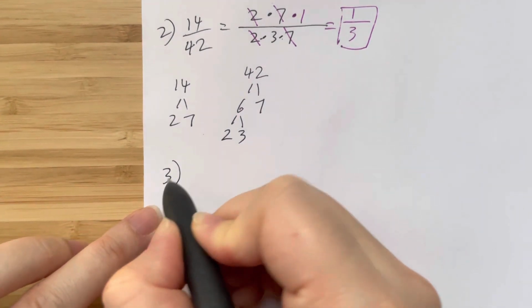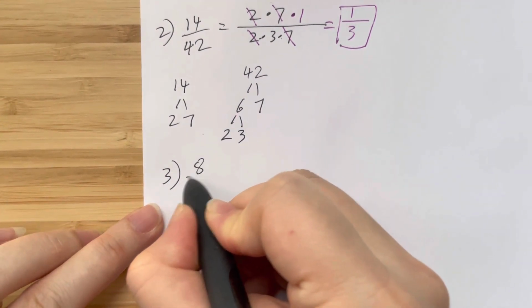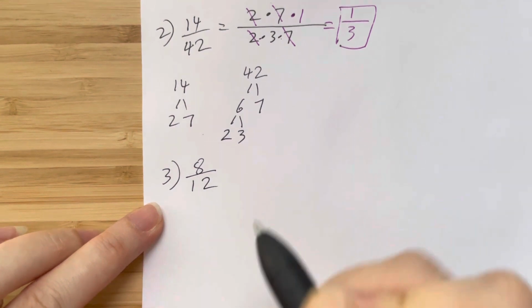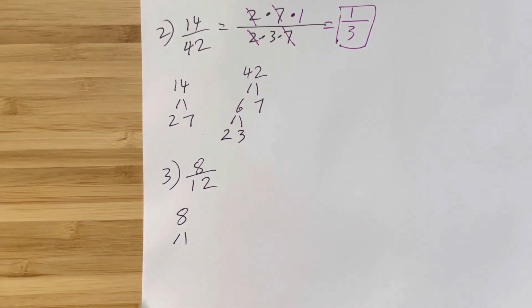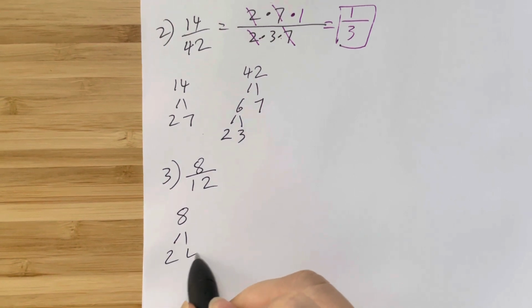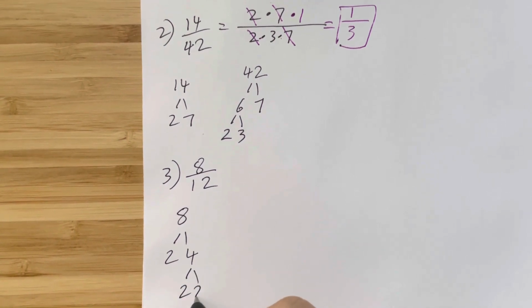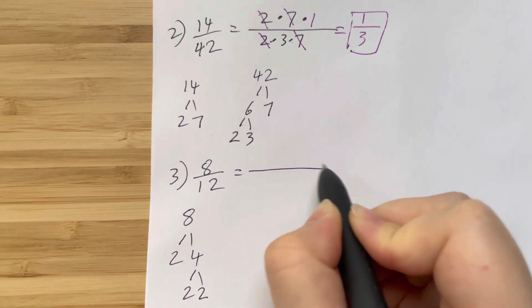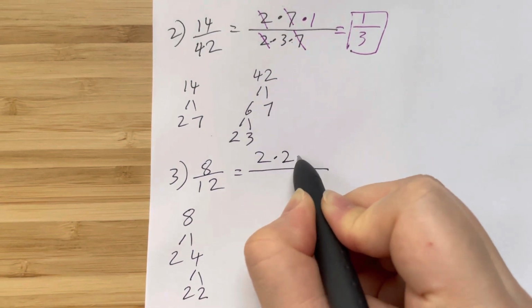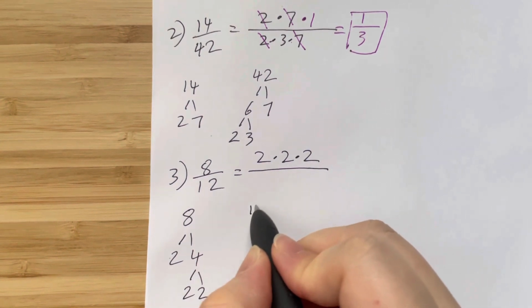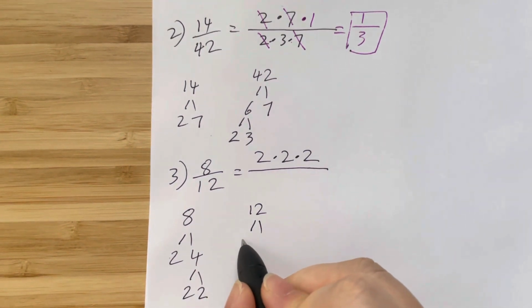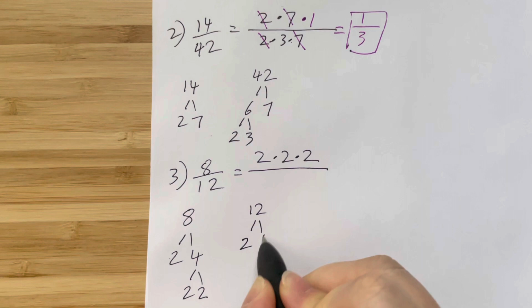Number 3 we have is 8 over 12. Now an 8 is a 2 times 4, and then a 4 is a 2 times 2. So the top is 2 times 2 times 2. Now we have a 12. A 12 is a 2 times 6.